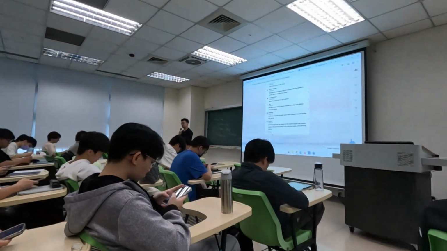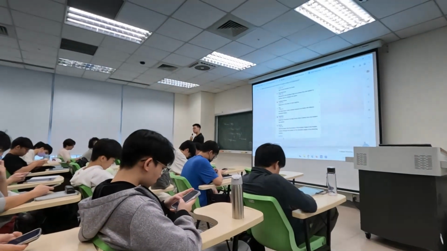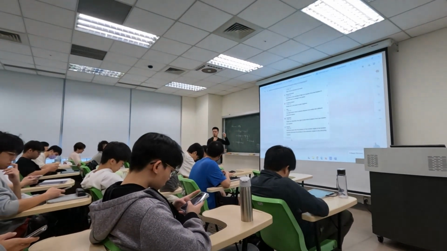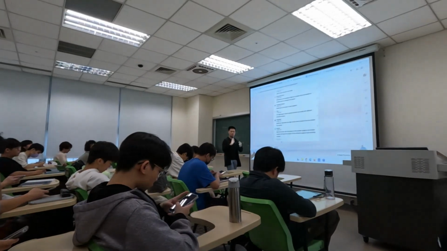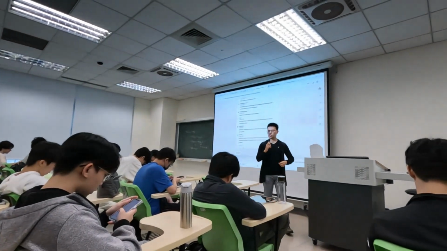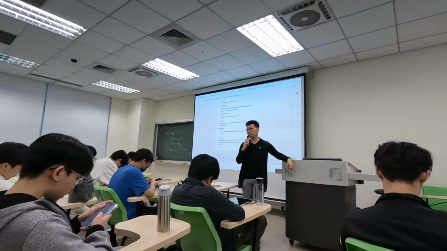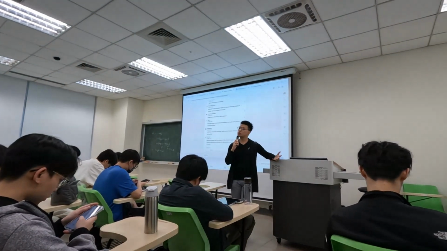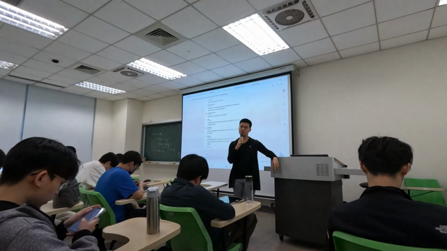Right? Something that helps you to explain. Don't just talk about the general impression. Talk about something that you actually have learned before, right? From your daily life, for example.